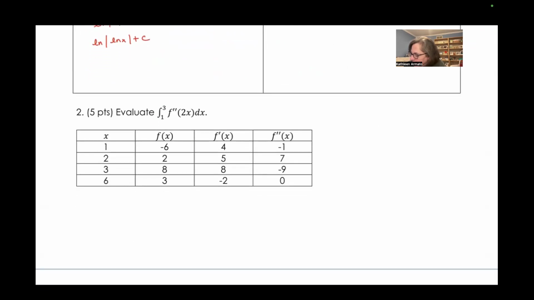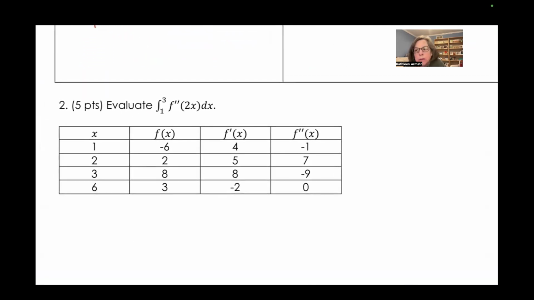All right. If you missed problem number 2, you were in the majority of people who missed it. The chart just has f of x, f prime of x, just x being plugged into the function. Notice I have 2x.